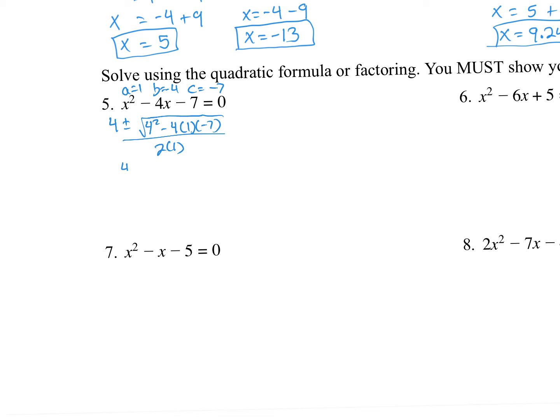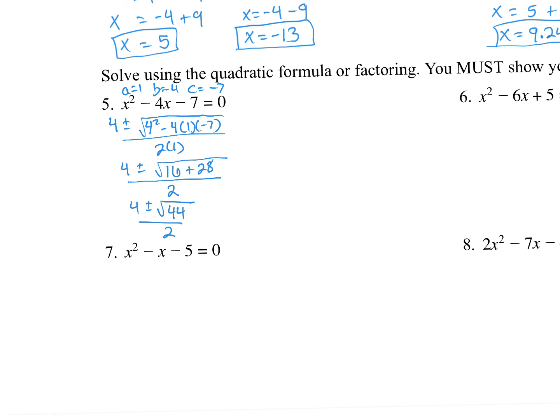Simplify some more: 4 plus or minus square root of 16 plus 28, divided by 2. 16 plus 28 is 44.